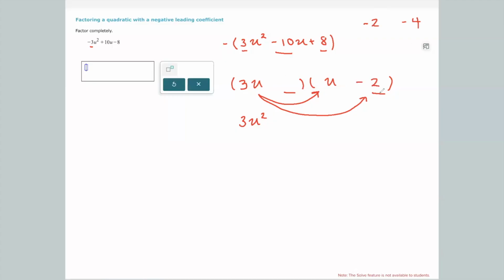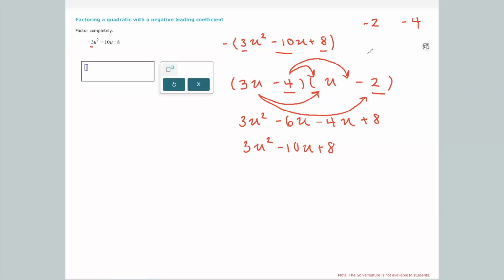When I FOIL, outside terms, 3u times -2 is minus 6u. And if I put the minus 4 here, I'm going to have minus 4u. And then out here, plus 8. And if I simplify, I get 3u squared minus 10u plus 8.